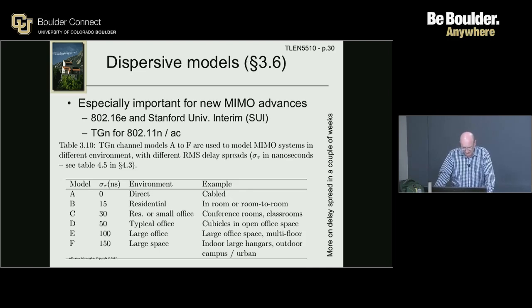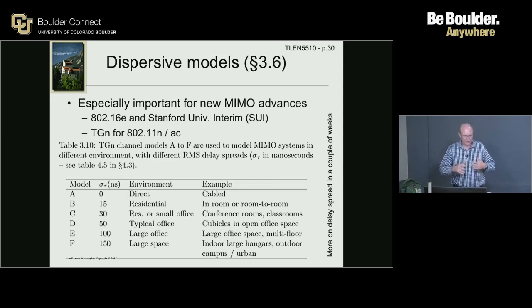But still, those are called dispersive models, and they're used in various environments to reflect not only the general power distribution of your model, but how multiple rays can be used to reconstruct, in a type of equalizer, in a MIMO system, etc., versus just a one path loss model.